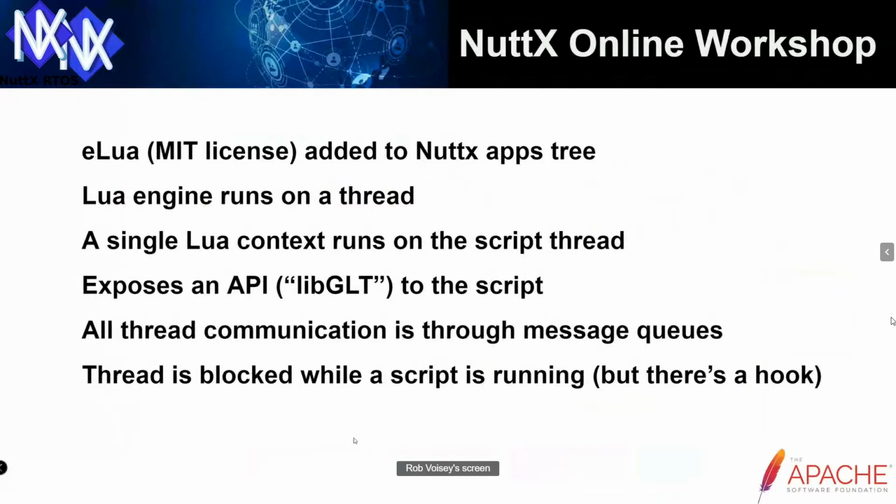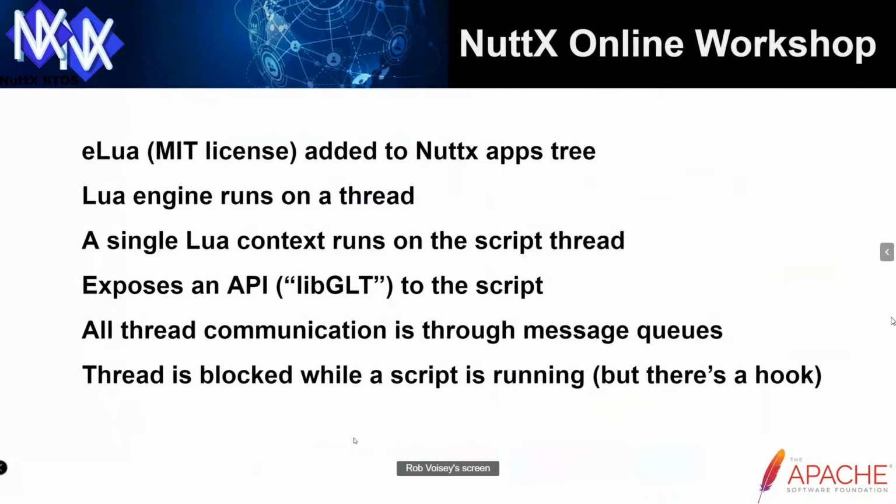We expose an API called libglt, Genesis Laser Tag, to the script, so that the scripts have access to all the features of the hardware. All communication in and out of this thread is through message queues, and the thread is blocked while the script is running.